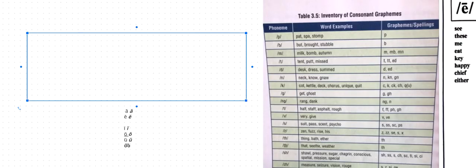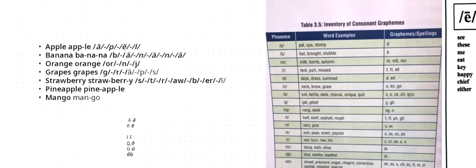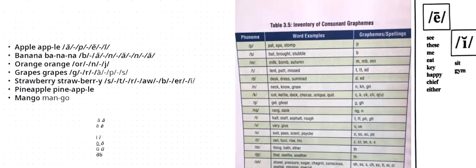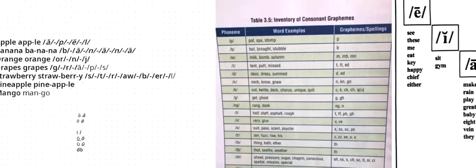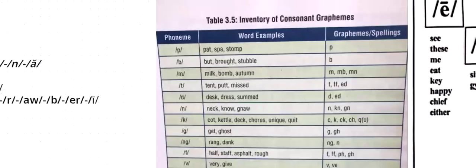And so you can do these for pineapple and mango. So we're going to learn that these are the different sounds. And here's a table with the sounds. So on this table, you can see the sound p, pat, spa, stump.